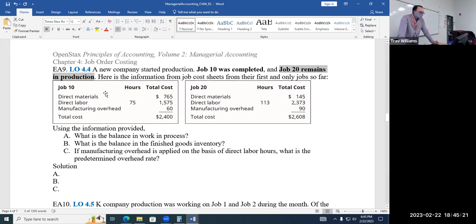We see job 10's information here, that's the one that's completed. We see job 20 over here, that's the one that's still in production. And question A says, what is the balance in work in process? So what's the total cost of their work in process inventory?